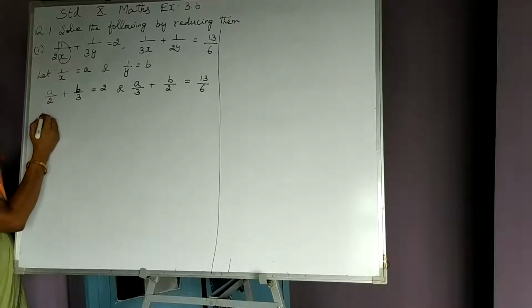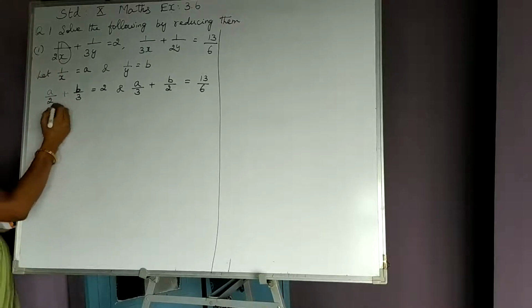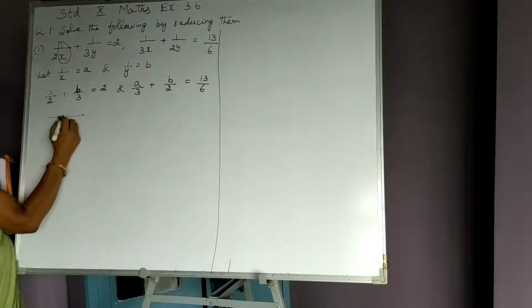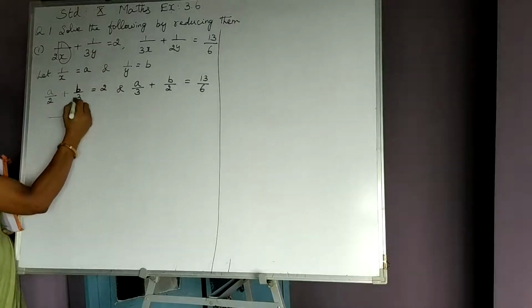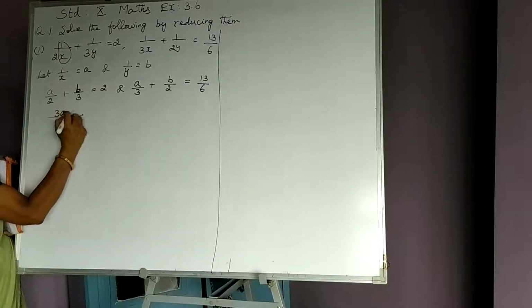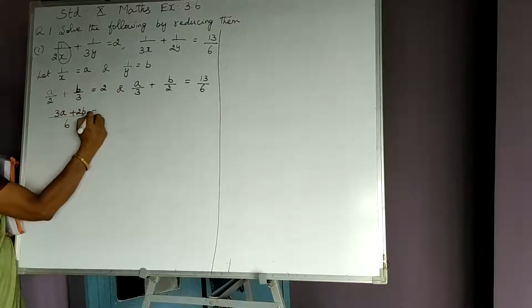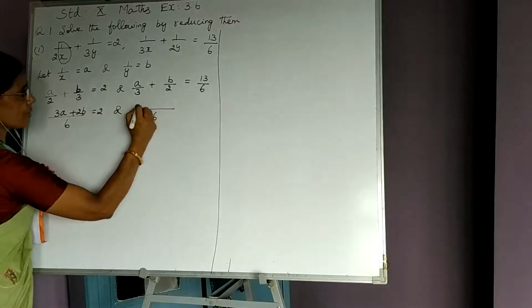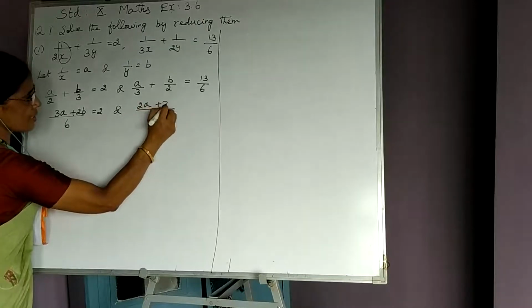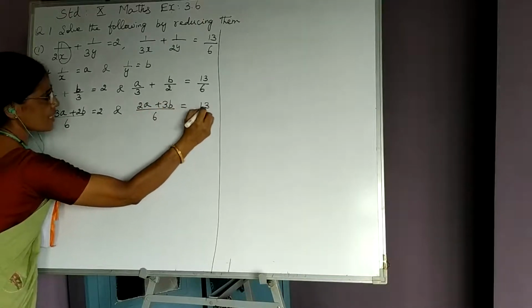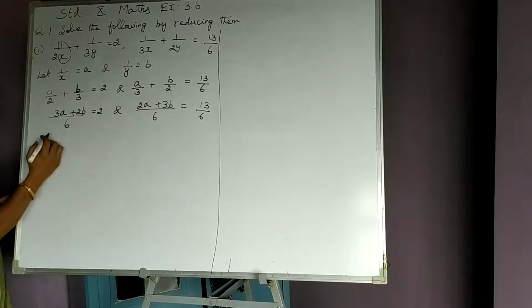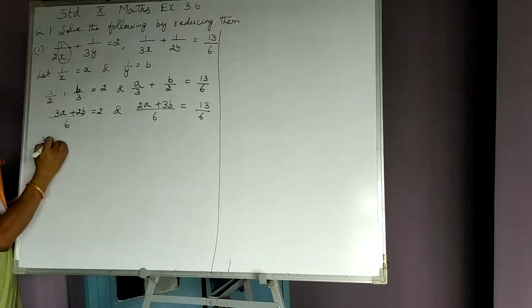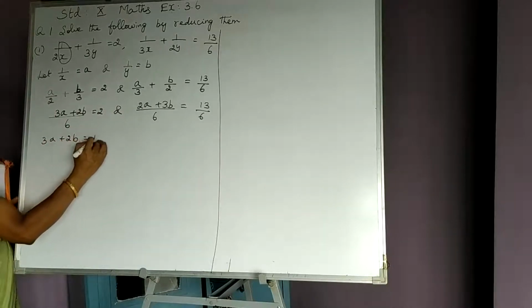Because it is a fraction, we find LCM, we simplify. LCM of 2 and 3 is 6, 3 into a, 3a plus 2b is equal to 2. And here too we find LCM, it is 2a plus 3b is equal to 13 upon 6. So it is 3a plus 2b is equal to 12.